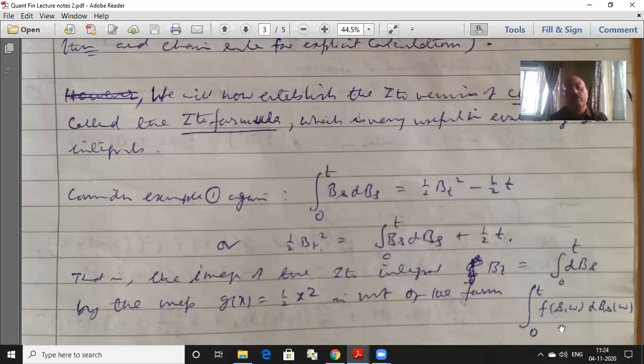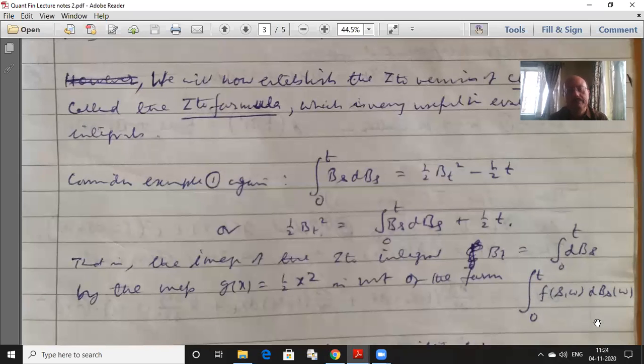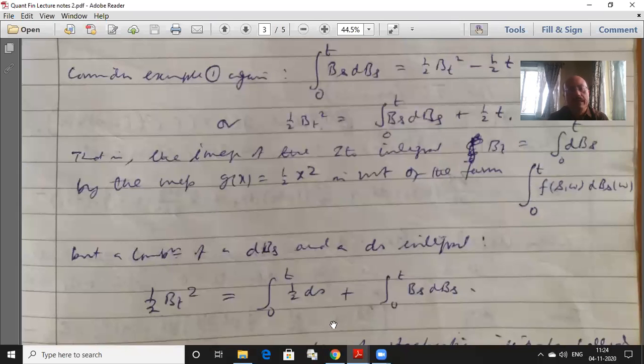It is not of this form, the integral from 0 to t of f dB. We already have seen that. It is actually a combination of a dB integral, as in the half B_t squared, and a ds integral which has given me half t.